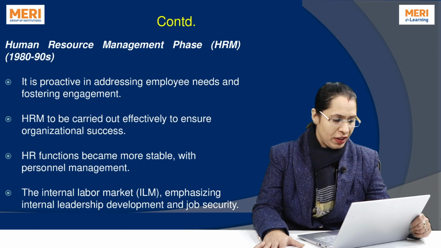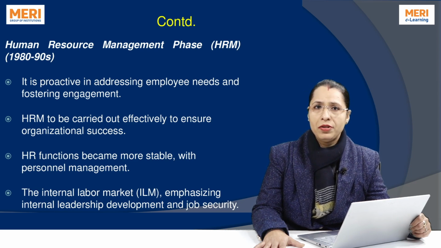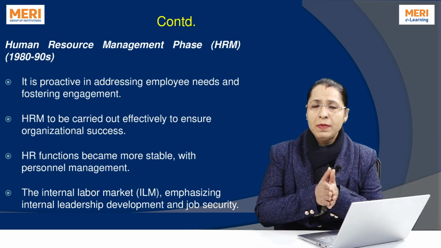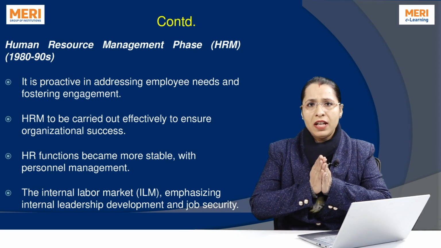Now we come to the next phase, industrial relations, shifting toward ensuring legal compliance and coordinating with government agencies for smooth operation. Both personnel management and IR practices began to show their impact in the organization.